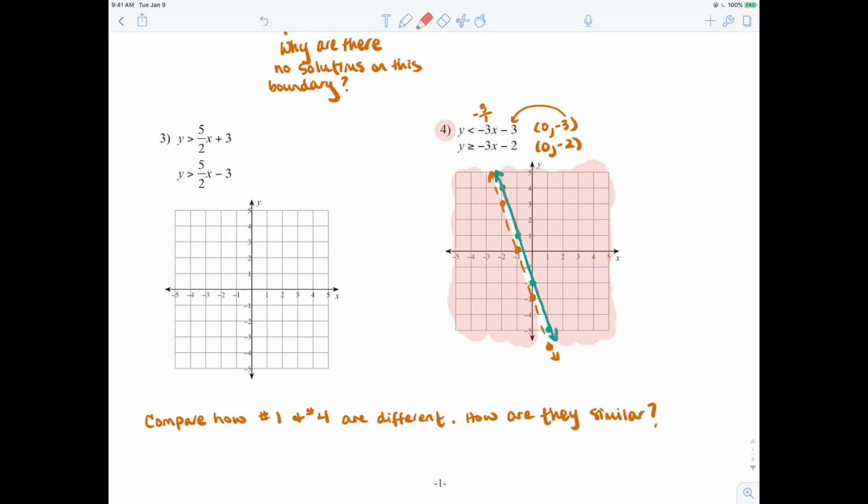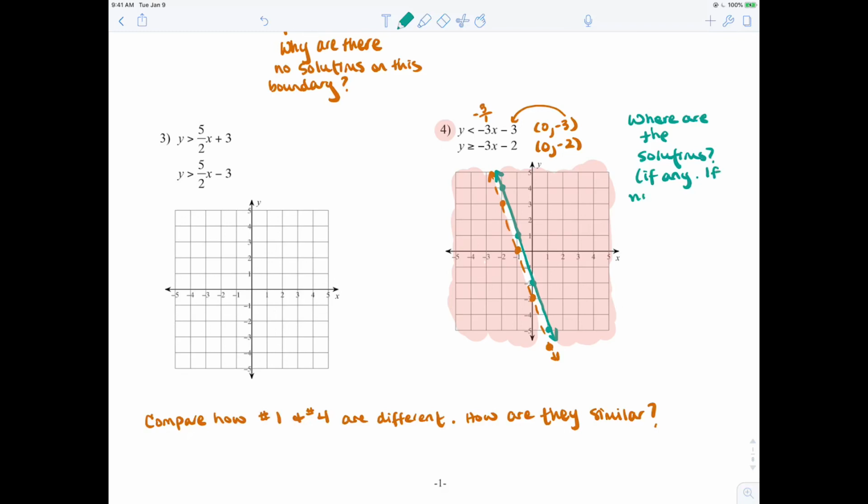And then we see a difference in all of the other graphs from this one about where our solutions are, where they aren't. So I would like for you to answer this question: where are the solutions, if any?